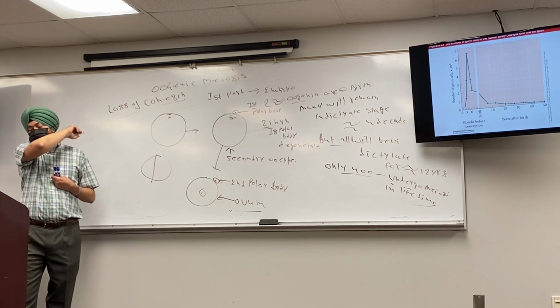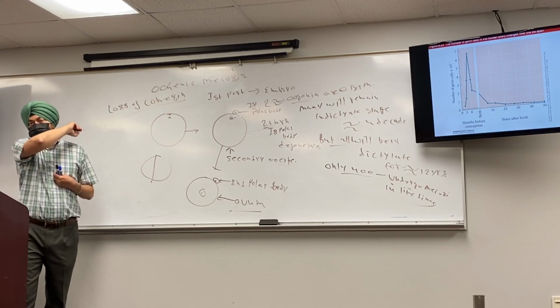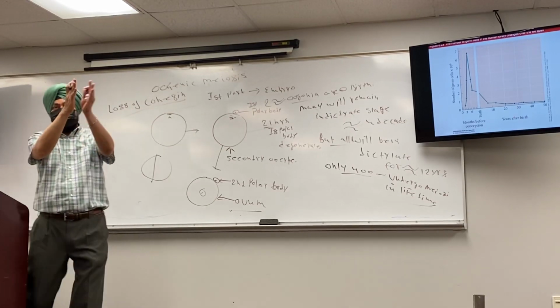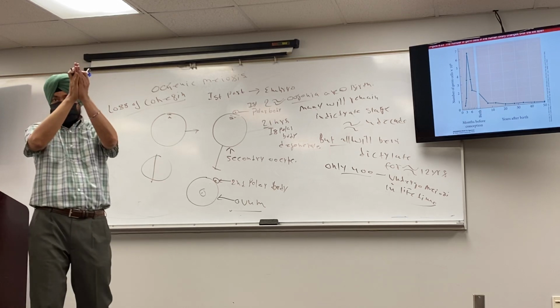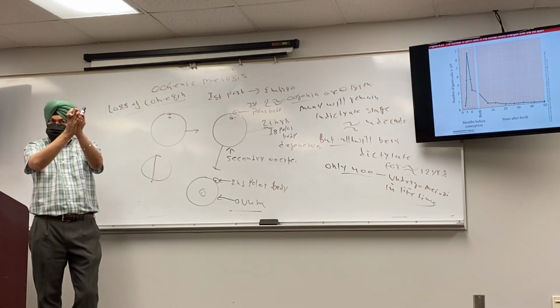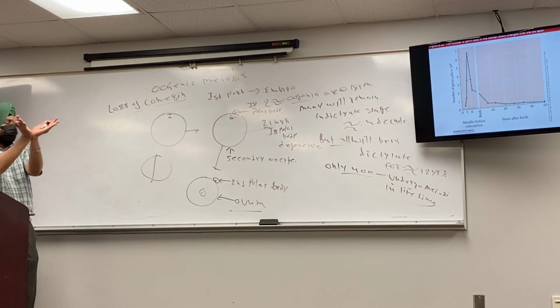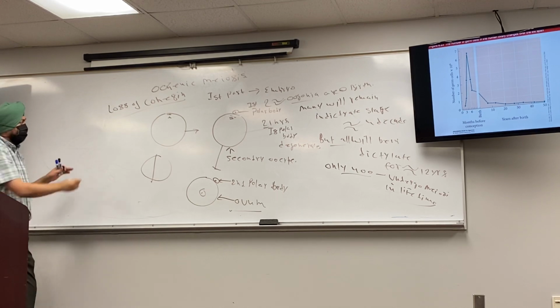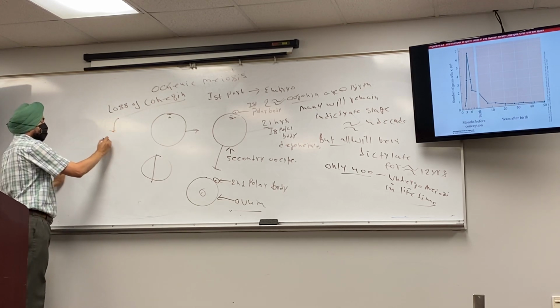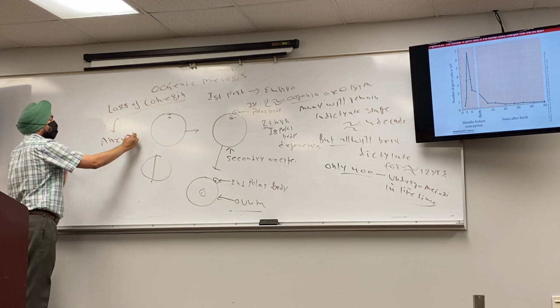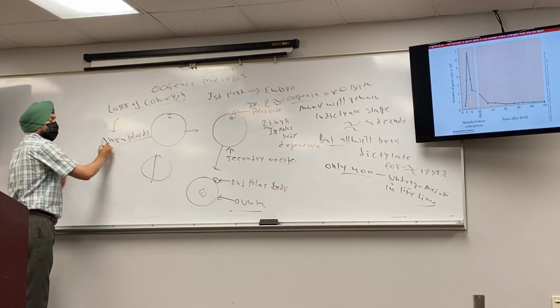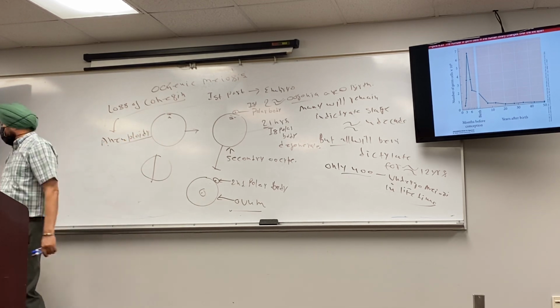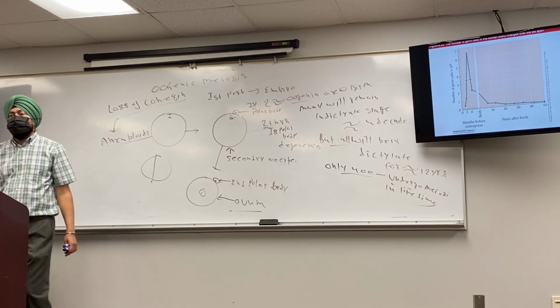That's the thing that holds the... Yeah, those proteins keep the chromatids attached to each other. And when there is loss of cohesion, what is that going to lead to? That is going to lead to aneuploidy.